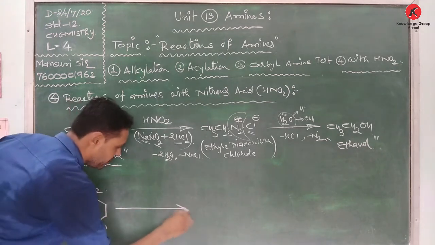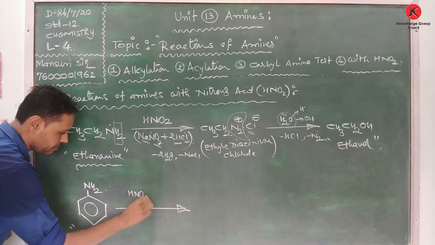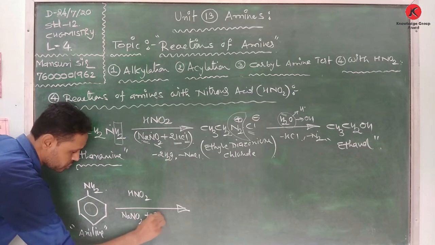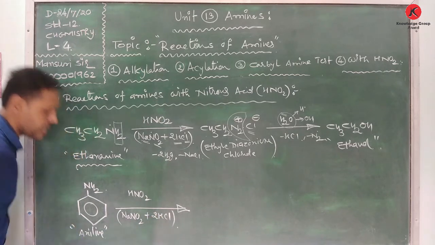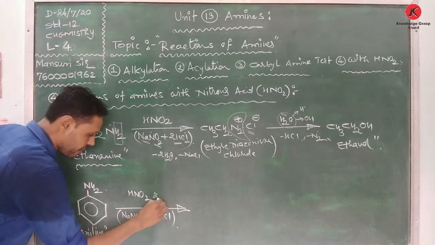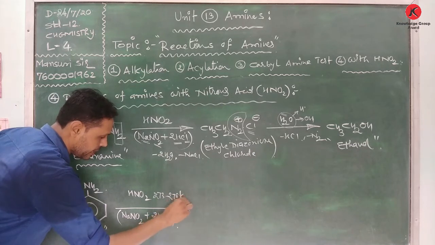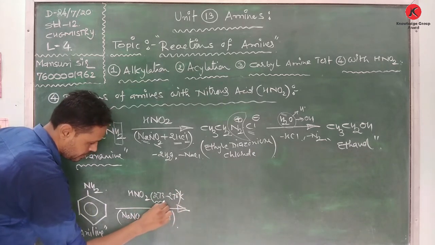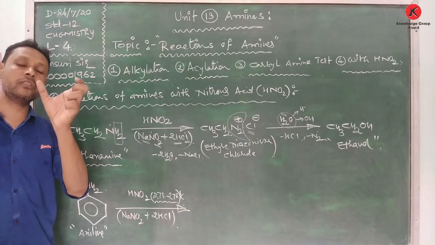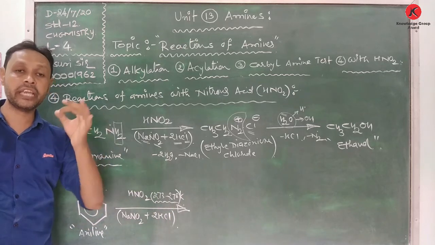Aniline reacts similarly with nitrous acid, NaNO2 plus 2HCl, and the temperature should be maintained at 273 Kelvin to 278 Kelvin.